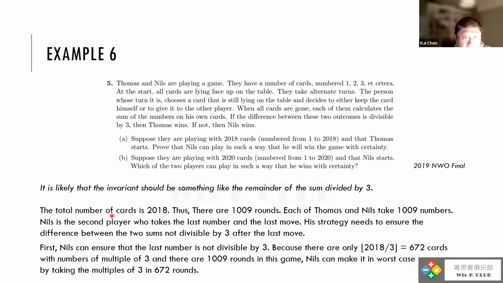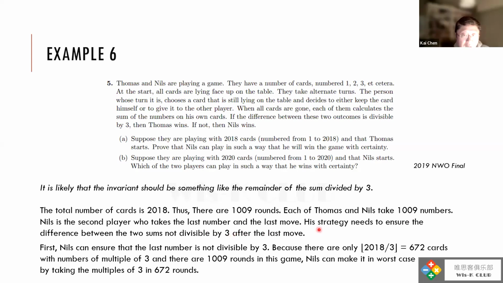Now, the total number of cards is 2018. Every round takes 2 cards, so that's 1,009 rounds, which means Thomas and Niels each take 1,009 cards. Niels is the second player, so the last card will be taken by Niels, and he can decide to keep it or give it to Thomas.